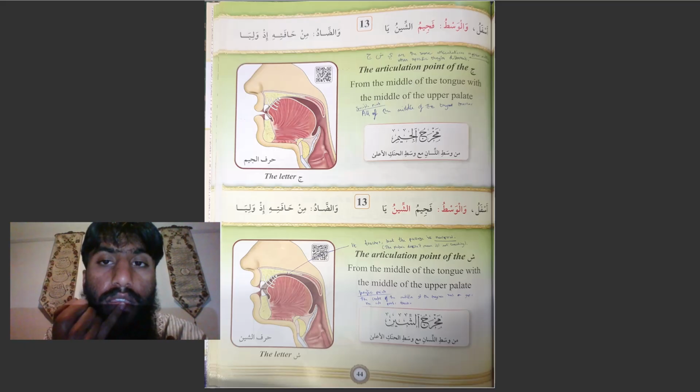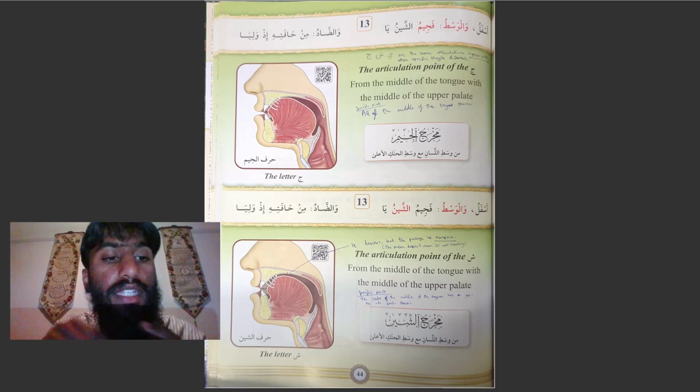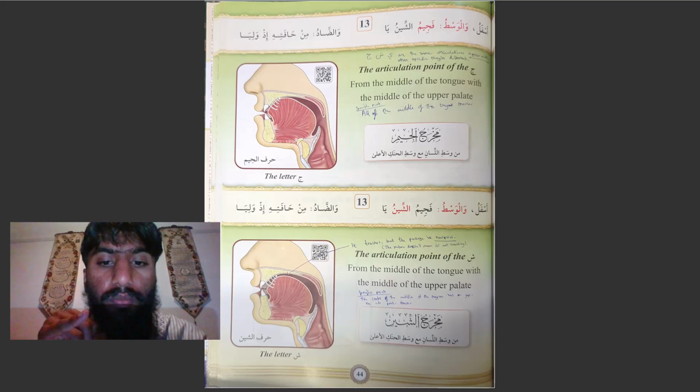So now saying Sheen, right? Let's find it by saying ya first. What we'll do is we'll say ya, because that's actually the easiest one to say by imitating the sound. Then we will stay in the position of ya with the tongue, physically in the same position, but without making a sound.